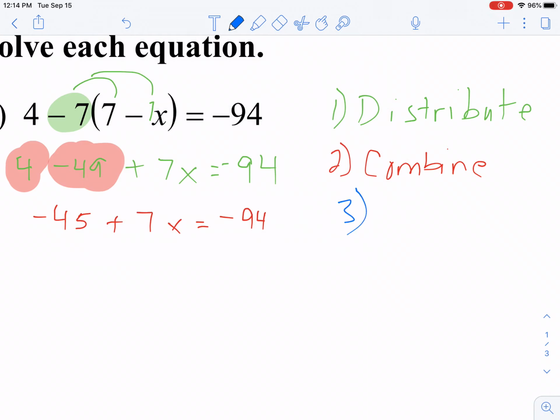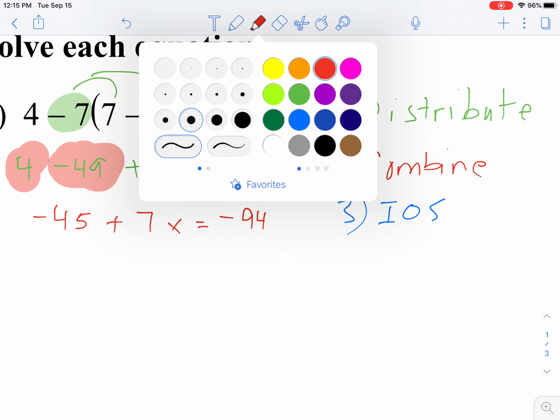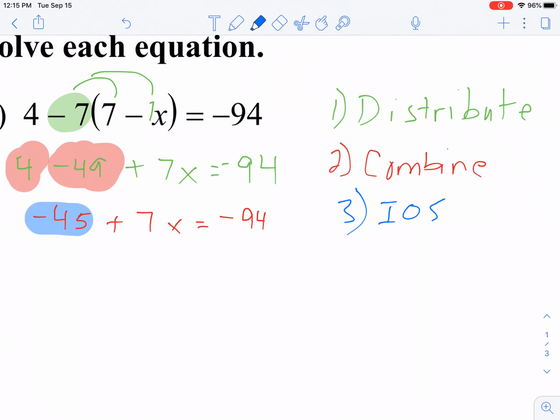My next step is to do the inverse of subtraction. And the reason it's inverse of subtraction is because of this negative 45. So I'm going to do plus 45 on both sides of the equal sign. Anytime you do the inverse, you got to do it on both sides.